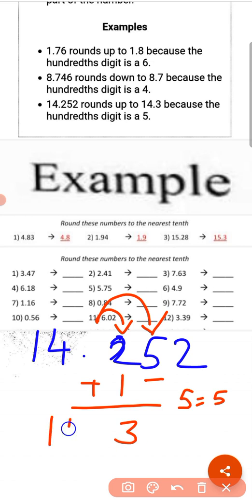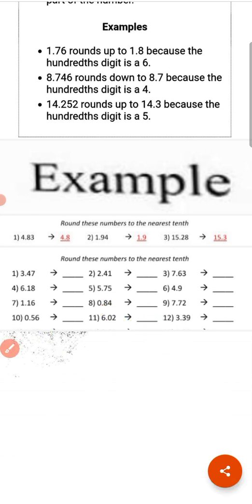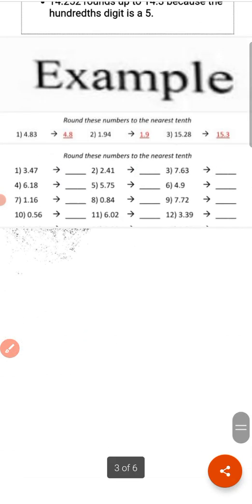Then write the whole number part. So our answer is 14.3. Here 14.252 rounds up to 14.3, which means the value increases. That is, 14.3 is more than 14.252.